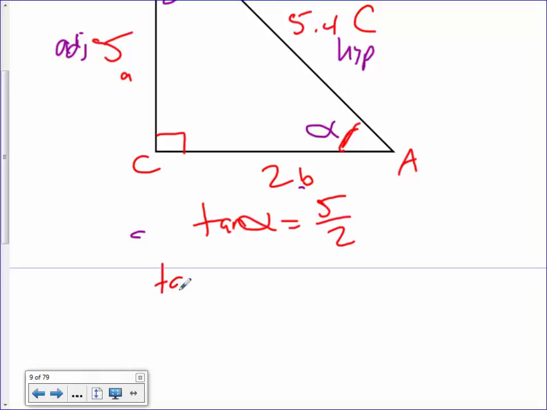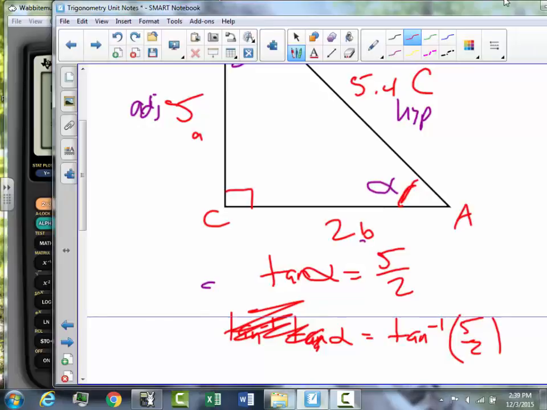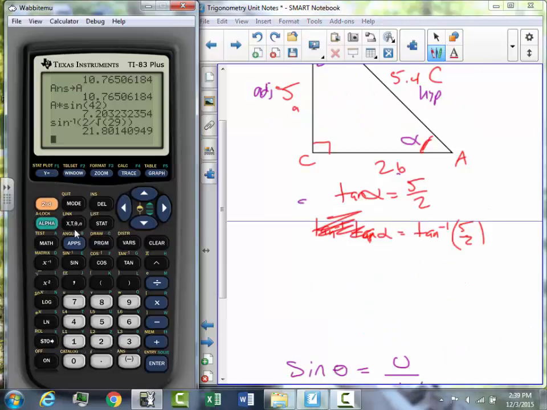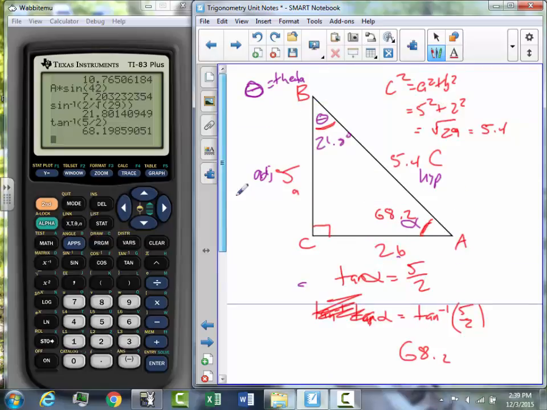So if you tan inverse a tan alpha, and then you tan inverse 5 over 2, these tans will cancel, so you just need to inverse tan 5 over 2. Inverse tan 5 over 2. And that makes it 68.2, which I think makes sense. Doesn't 68.2 fit when you add all these things up to make it 180?